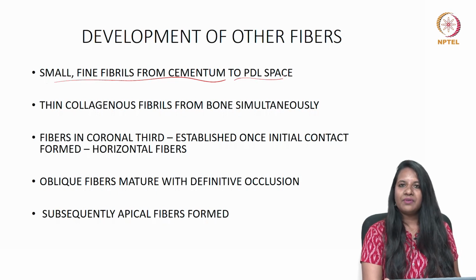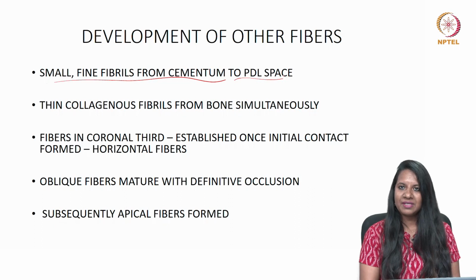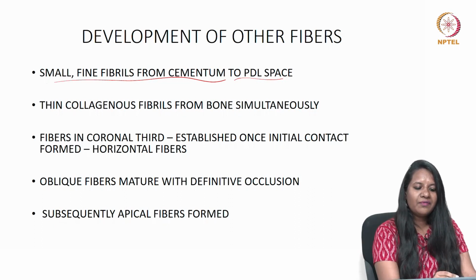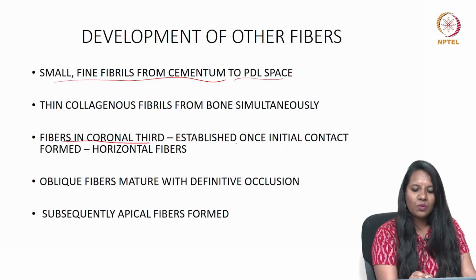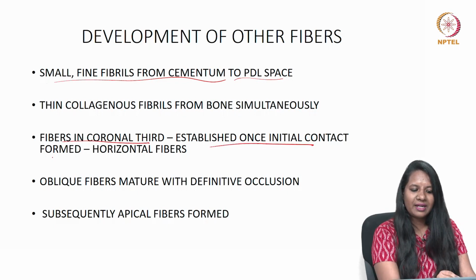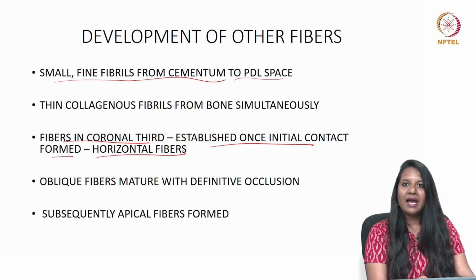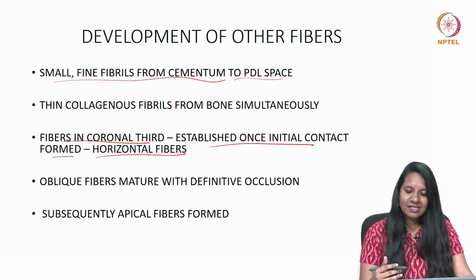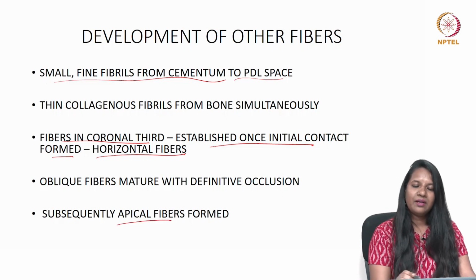Thin collagen fibrils from bone enter simultaneously, that is, few fibers from the cemental side and few fibers from the bone. Then fibers in the coronal third will establish once initial contact is formed, and that forms the horizontal fibers later, and oblique fibers mature with definitive occlusion, and subsequently the apical fibers are formed.